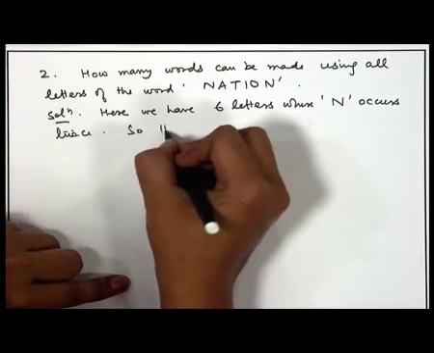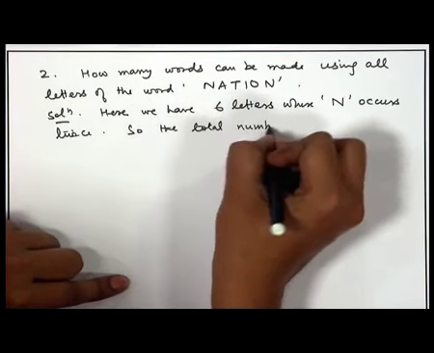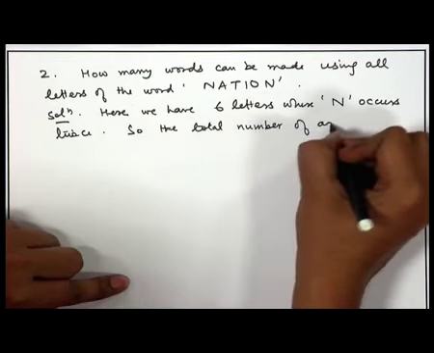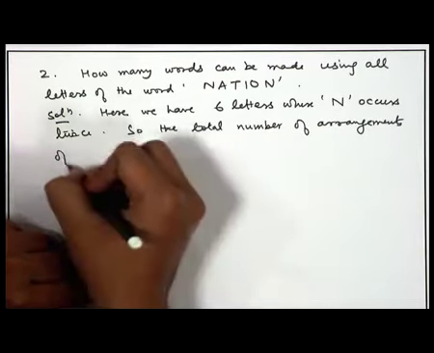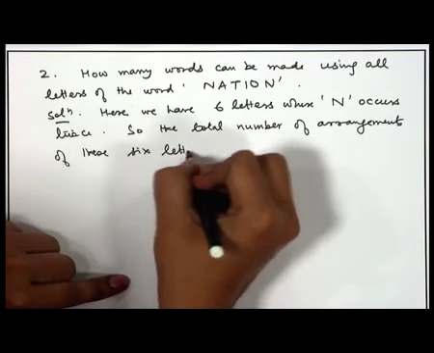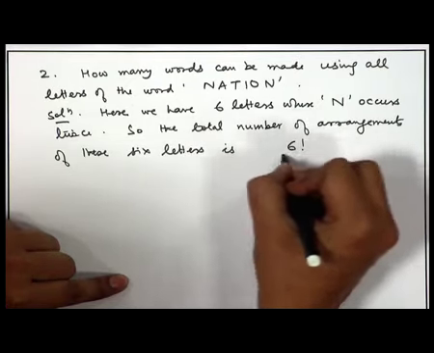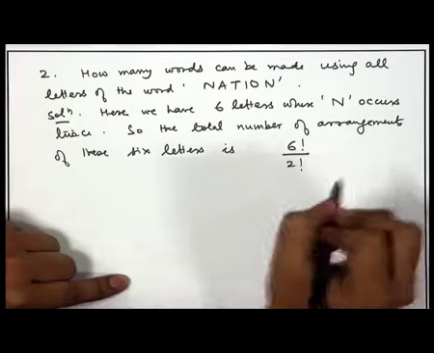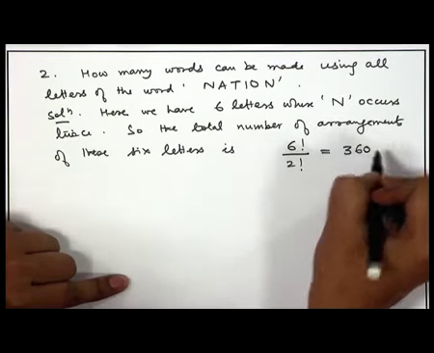So, the total number of arrangements of these 6 letters by the formula will be 6 factorial divided by 2 factorial, which is equal to 360.